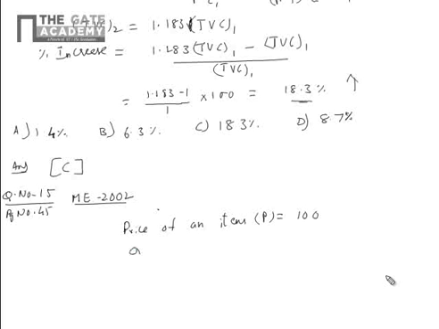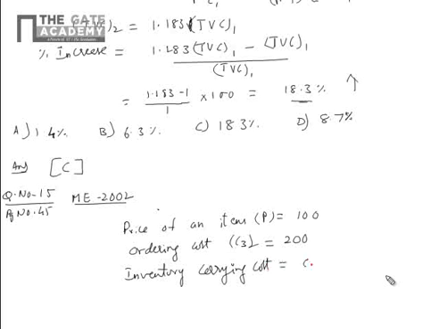Ordering cost is given. Inventory carrying cost is 10% of the item cost. So 10 by 100, 10% of item cost.